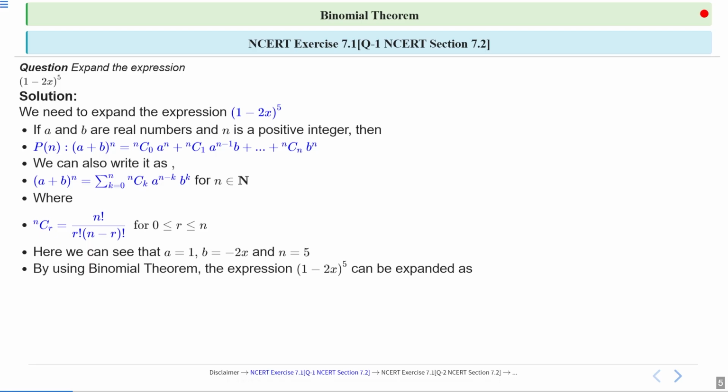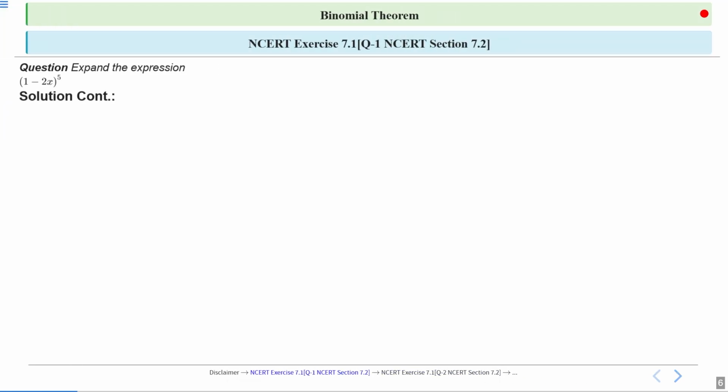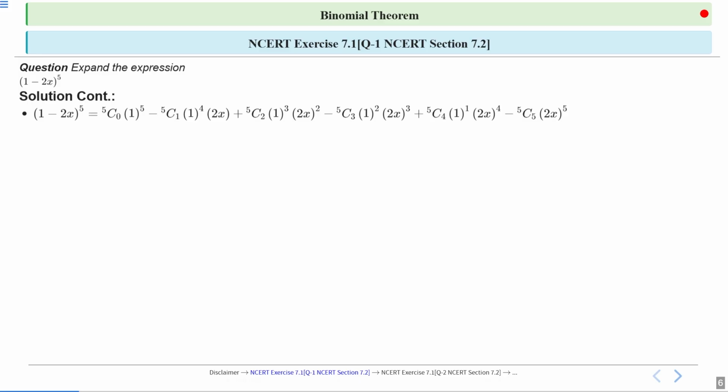By using the binomial theorem, the expression (1 - 2x)^5 can be expanded as 5C0 1^5 - 5C1 1^4 (2x) + 5C2 1^3 (2x)^2 - 5C3 1^2 (2x)^3 + 5C4 1^1 (2x)^4 - 5C5 (2x)^5.